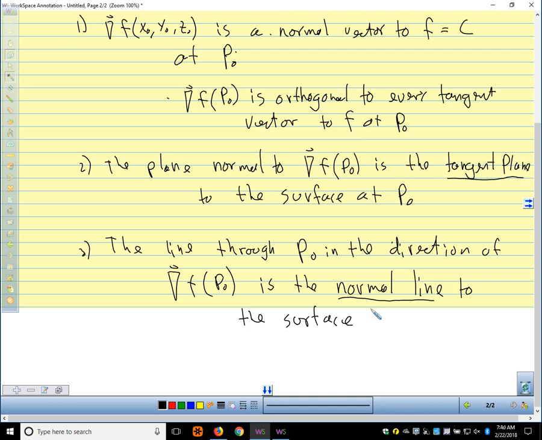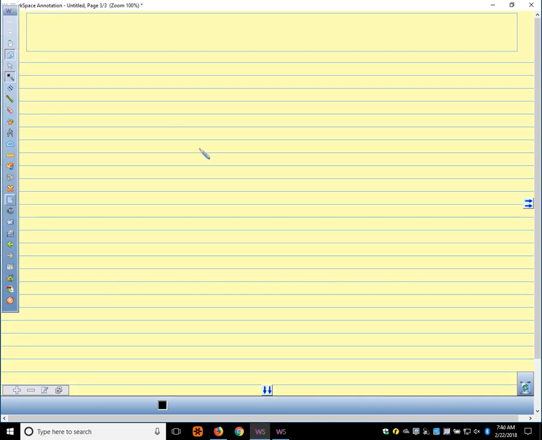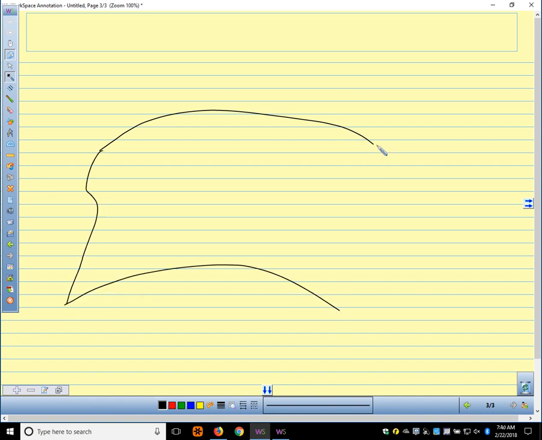All right, we good? Let's draw a picture. So what we have here is a nice surface. Blanket, maybe, yeah, piece of toast, something like that. And here is our curve on the surface.